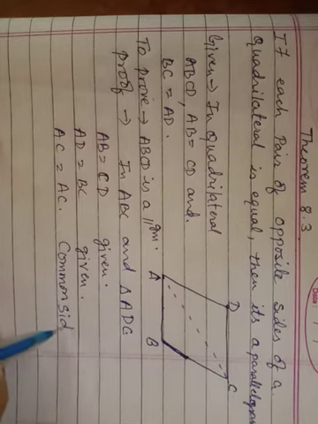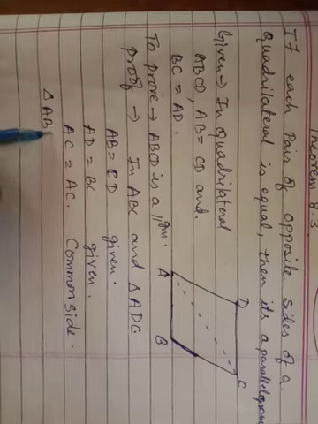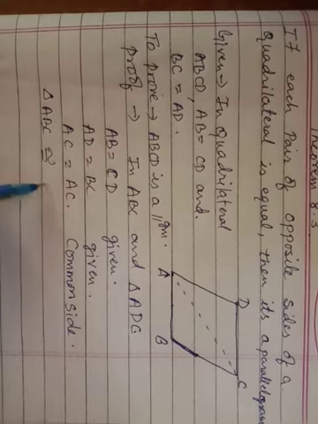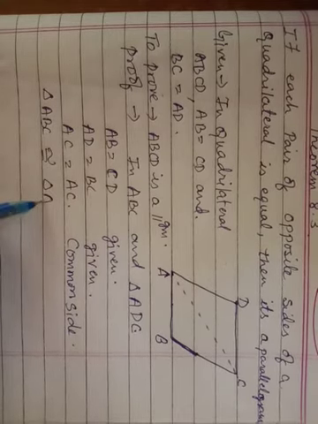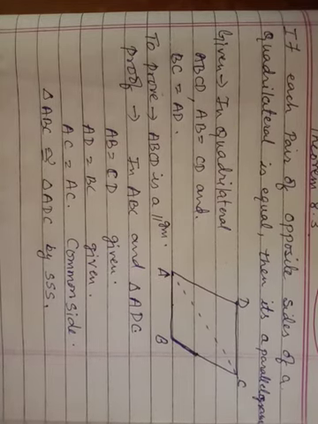Okay. So we can say that our triangles are congruent by SSS. Triangle ABC is congruent to triangle ADC by SSS.